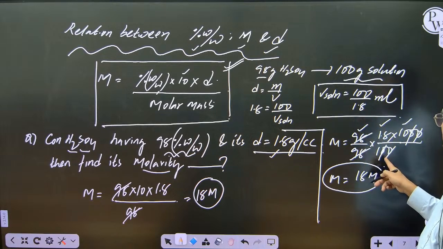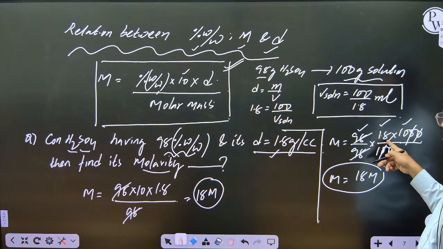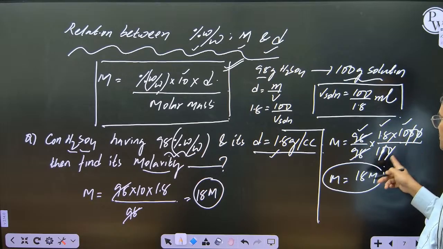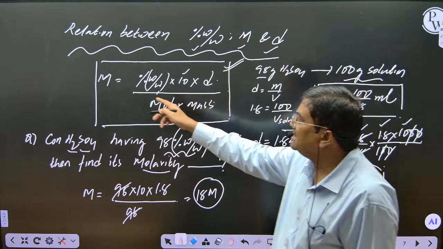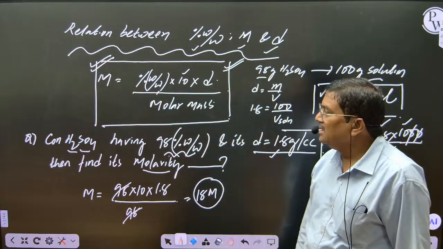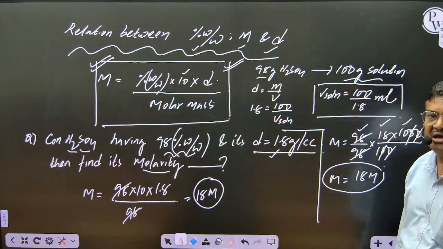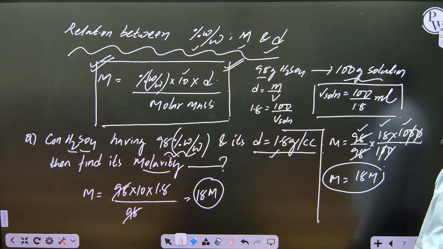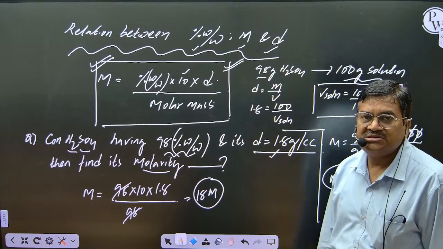When we divide this, 1.8 goes to numerator into 1000. Finally, do we get the same relation or not? Percentage into 10 into density by molar mass. Understood?